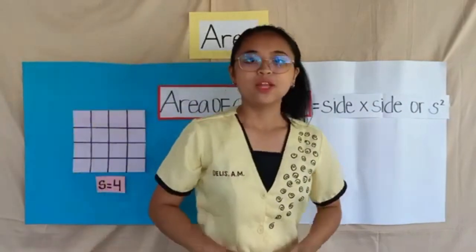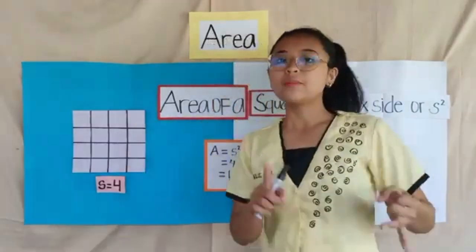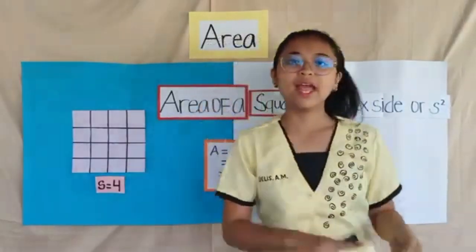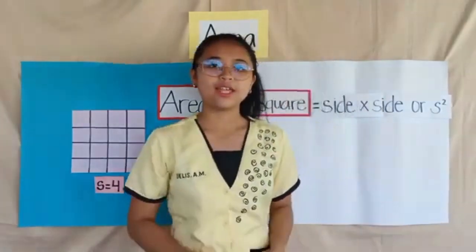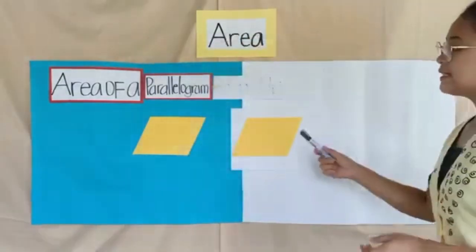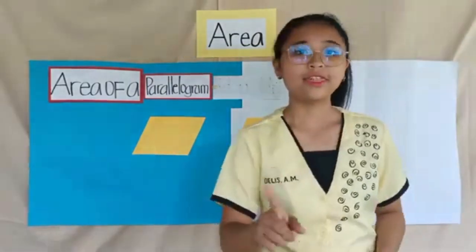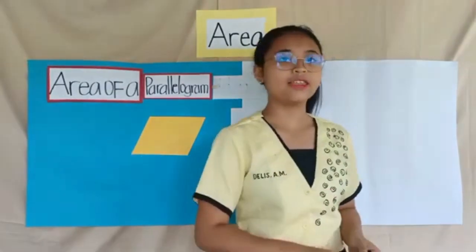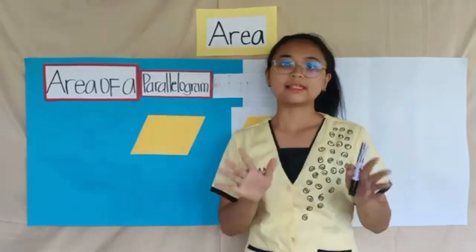This time, we will now learn how to find the area of triangles, parallelograms, trapezoids, and circles. Remember that the general formula for area is base times height. Let's first discuss the area of a parallelogram. Since a parallelogram is like a slanting rectangle, the formula for finding its area is also similar. That is base times height.